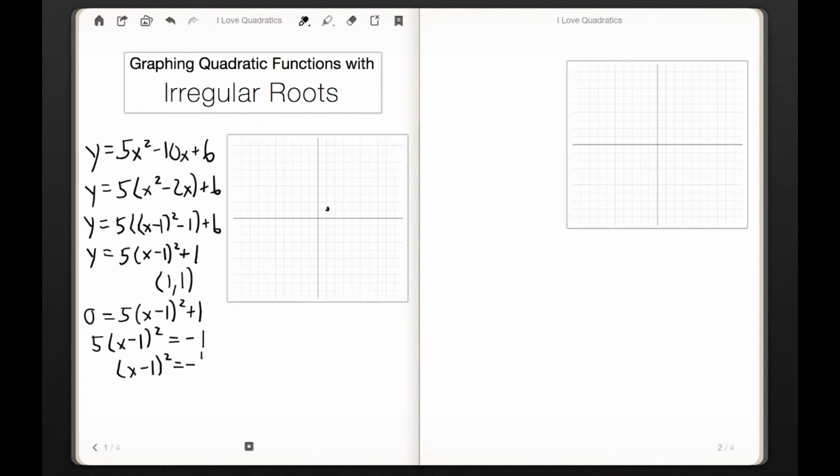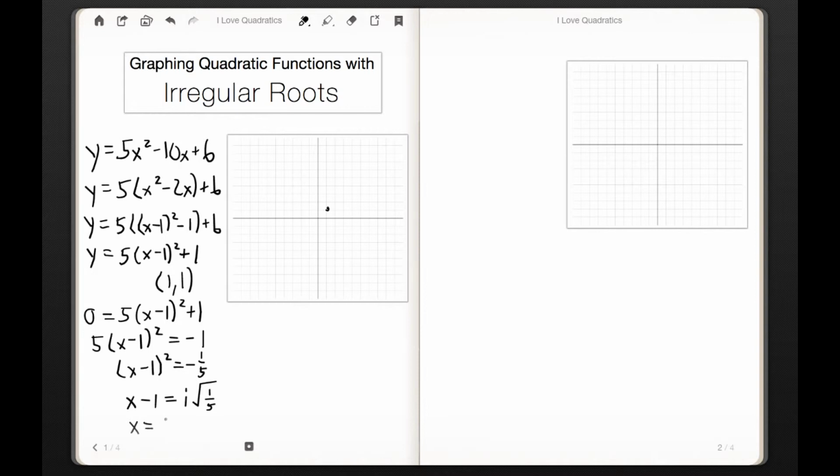Divide both sides by 5. Now we take the square root of both sides, and we are going to be left with the square root of a negative number. Square root of -1/5 is i times the square root of 1/5. So we have an imaginary number here.